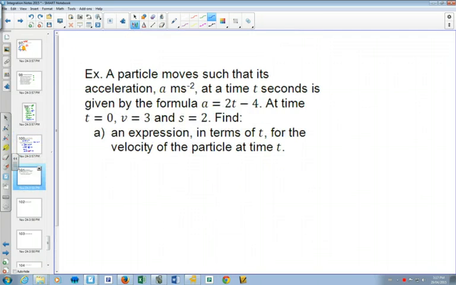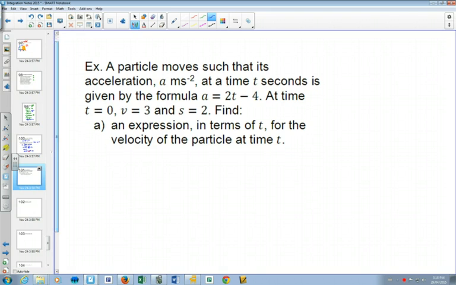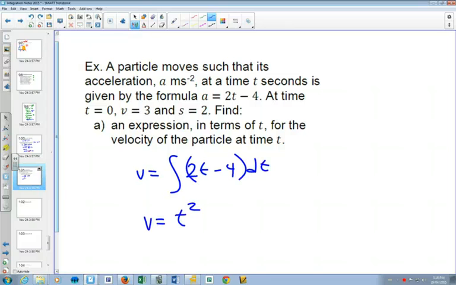A particle moves such that acceleration at time t seconds is given by 2t minus 4. Did we do this one too? Did you do this one as well? Yes? Okay, good. So we want the velocity, so you did the integral of 2t minus 4 dt, which is t squared minus 4t plus c.